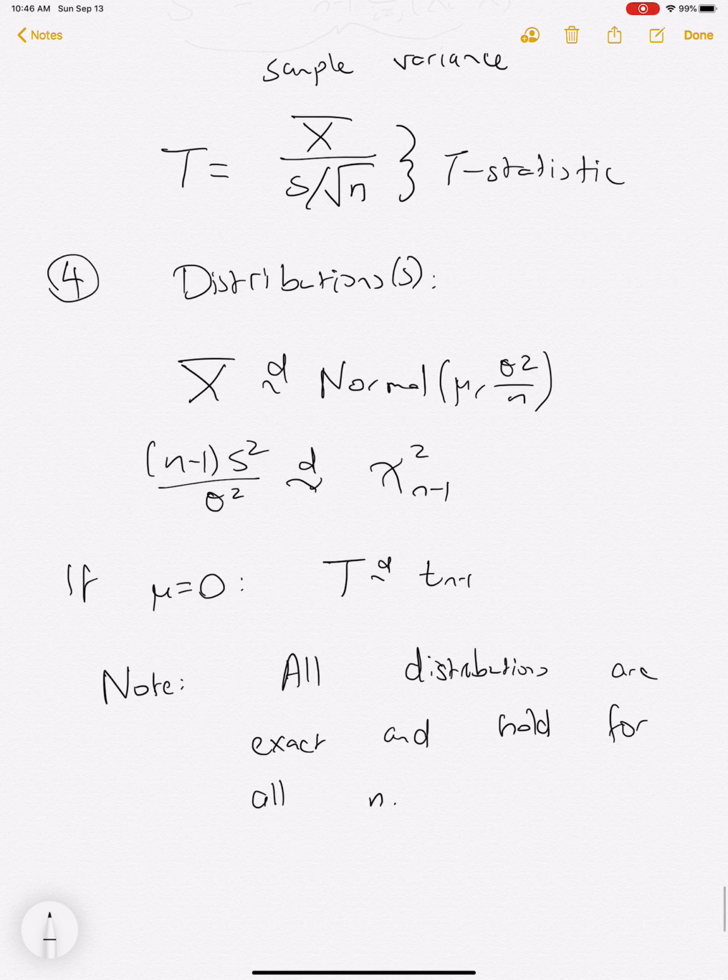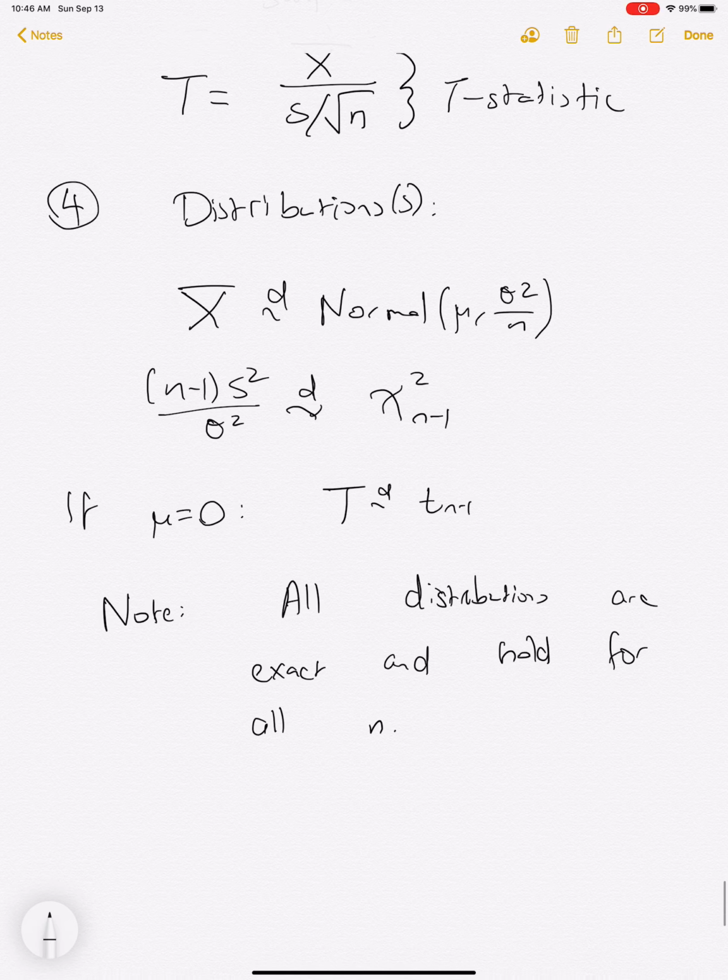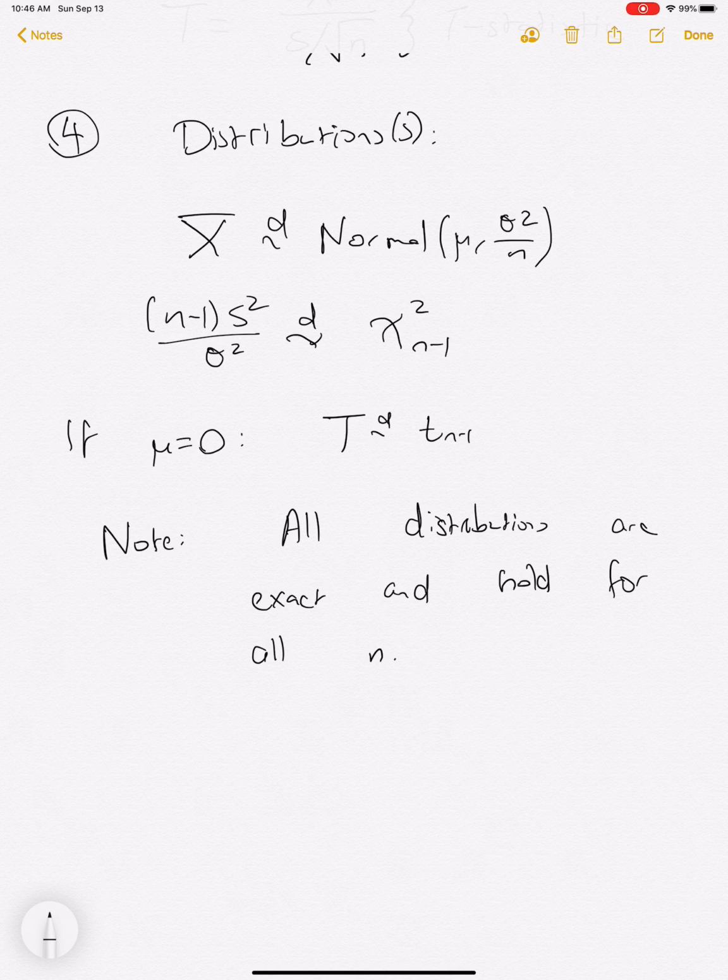Okay, so these are nice because these results are exact and not asymptotic distributions. And then this fifth component is really how we put everything together to answer a question about any of these statistics.